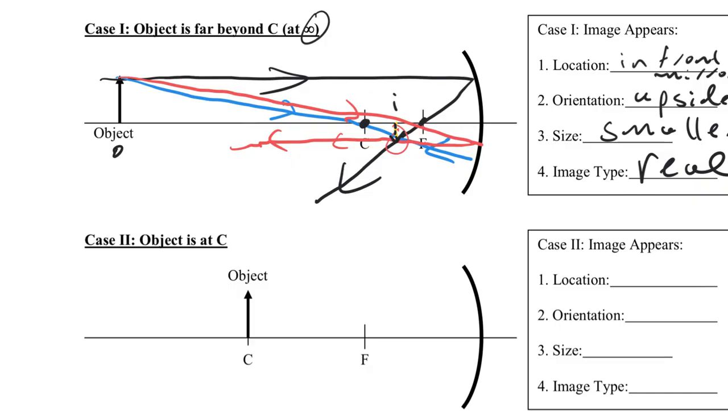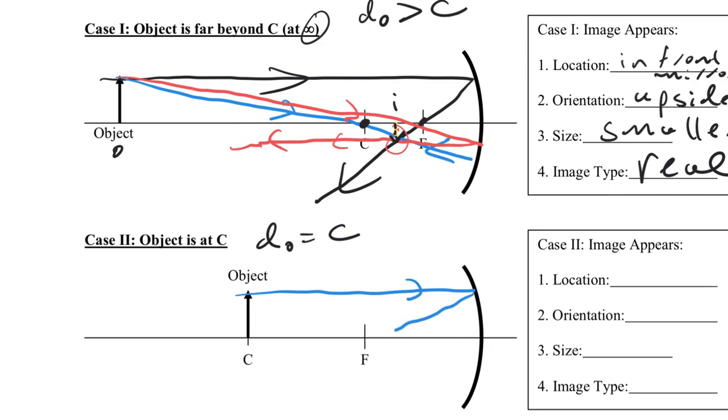Okay, what if, so the object distance is greater than C. Now this one, the object distance will be equal to C. So I'm going to do the same thing. I'm going to do one parallel to the principal axis that goes through F. Then one that goes through F and bounces back parallel. If I do it exactly right, gosh, let's try that again.